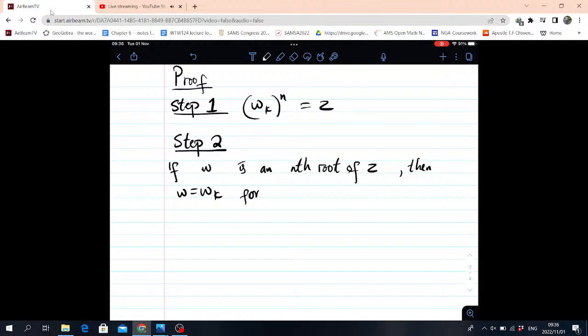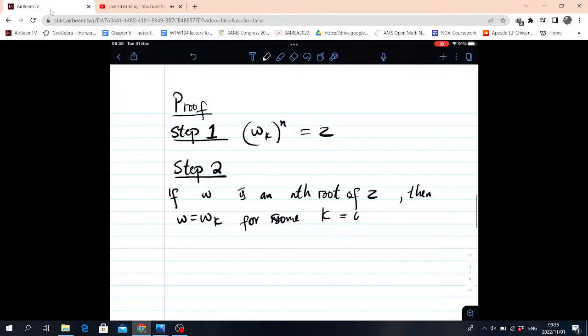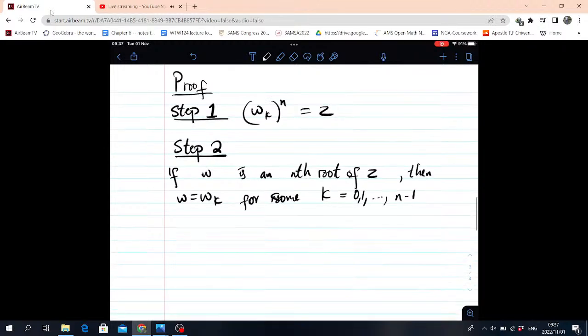For some k that is between 0 up to n minus 1, right?